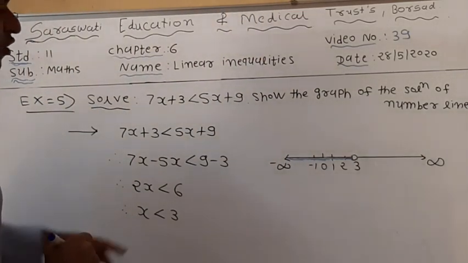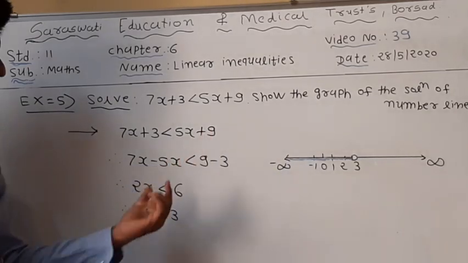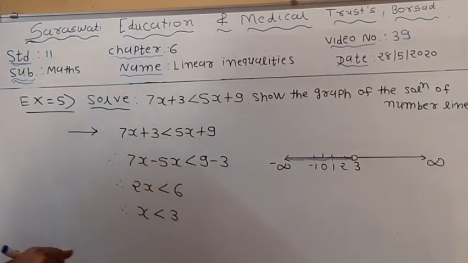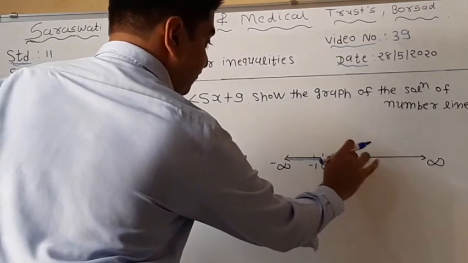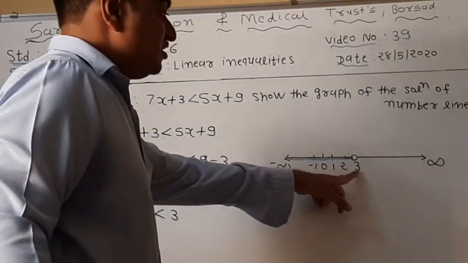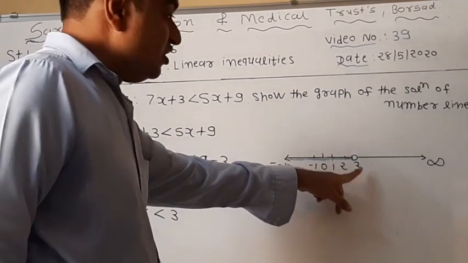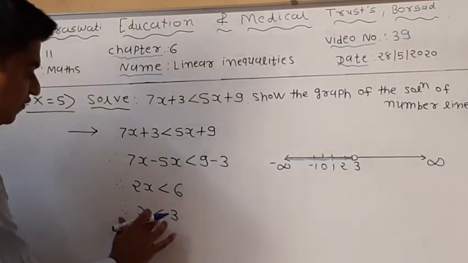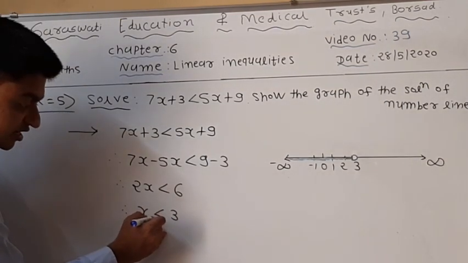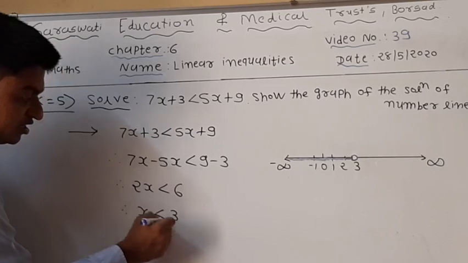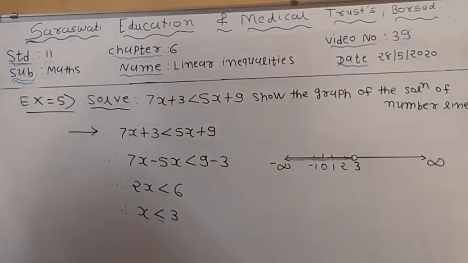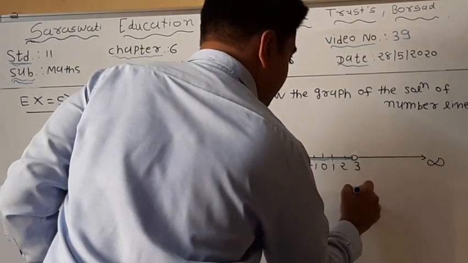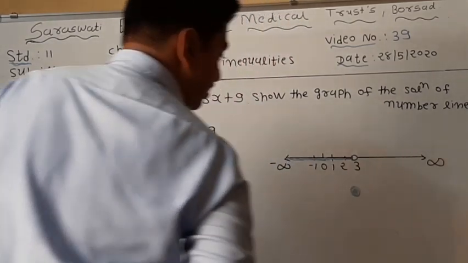Okay. So how can the answer be represented? Our answer is x less than 3. X less than 3, that means here we draw one hole, and the position is 3, so here we write 3. Suppose less than or equal to is present instead of strictly less than, then we mention a dark hole in place of the open hole.